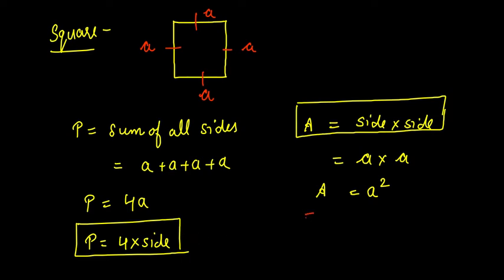Area is always measured in square units. Depending on whether it is meter, centimeter, or kilometer, we will write square meter, square centimeter, square kilometer. And perimeter is always measured in the given units. If it is meter, then meter; if centimeter, then perimeter will also be in centimeter, and so on. Let's see the next shape.